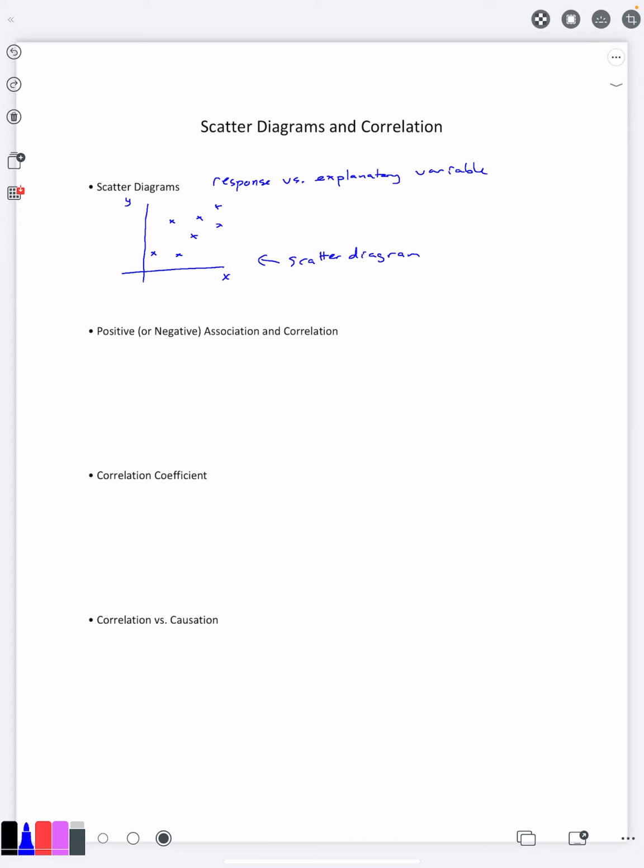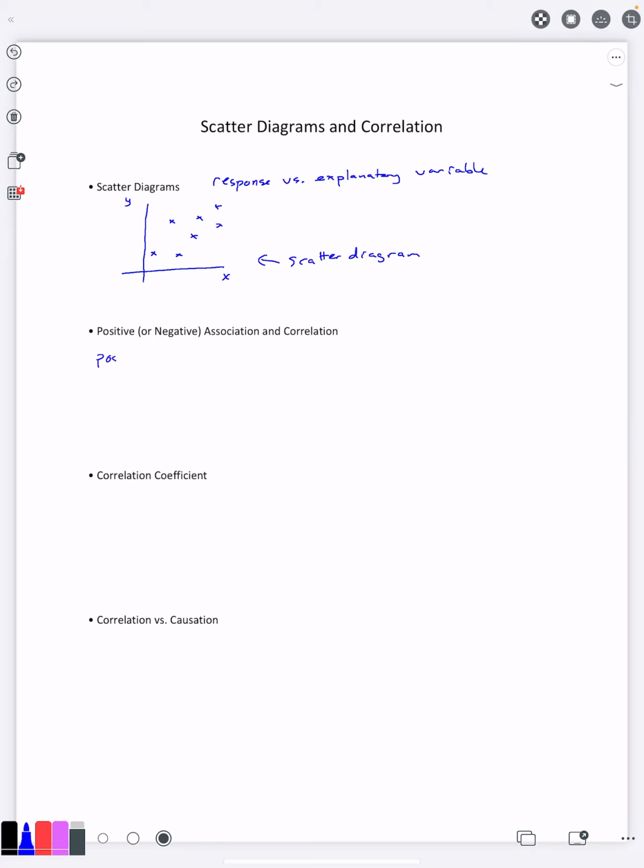So to go into some more detail on that, first off, we have the idea of association and a very similar idea of correlation. And they come in positive and negative variations here. So what exactly do we mean by this?